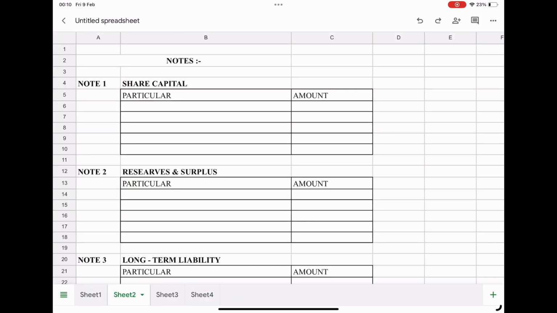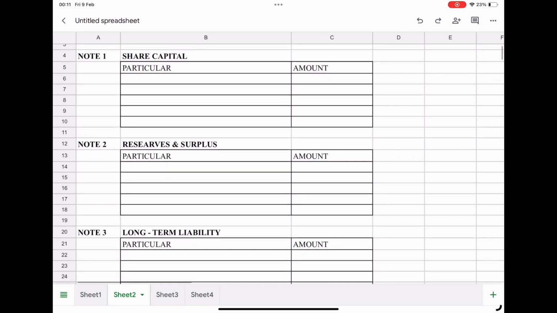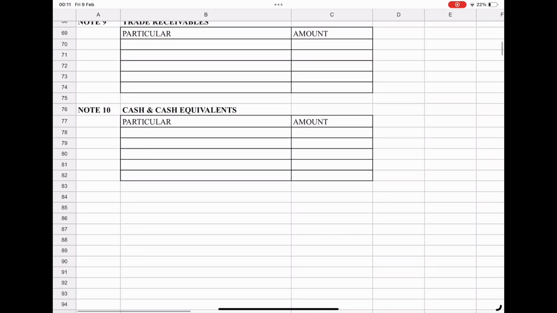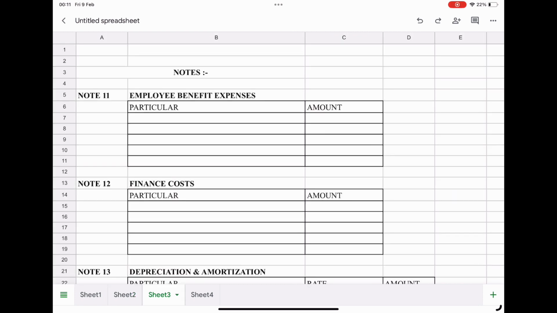Then in the next page you start with the note numbers. Share capital, one by one you have to start. Share capital, reserves and surplus, try to solve here. So slowly you finish all the balance sheet items.